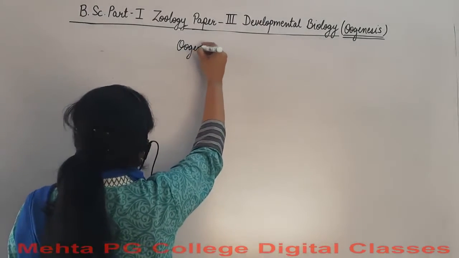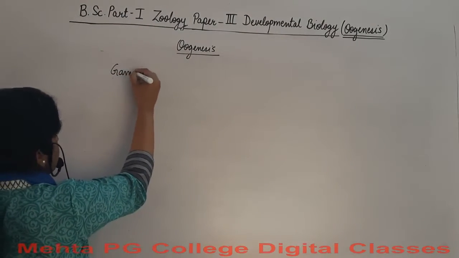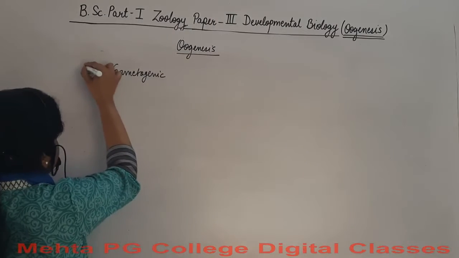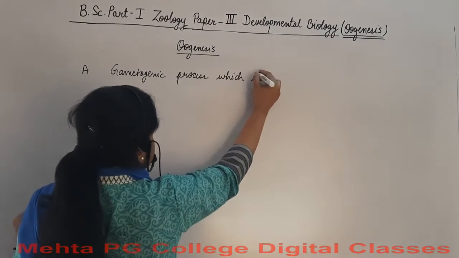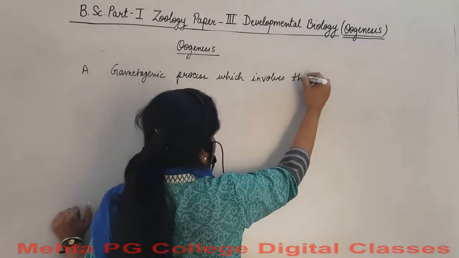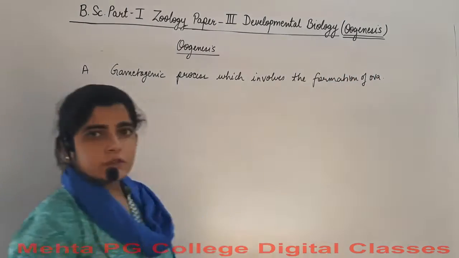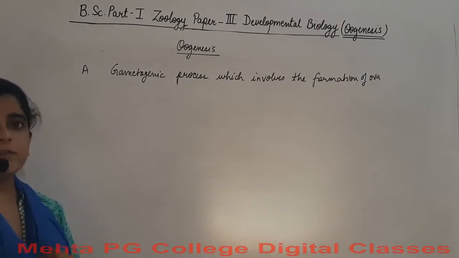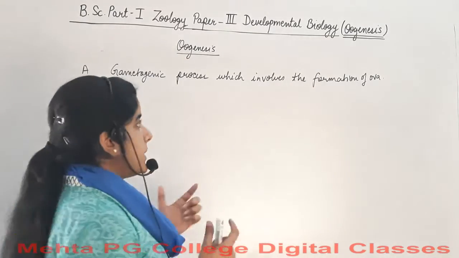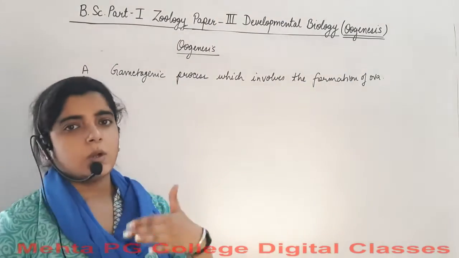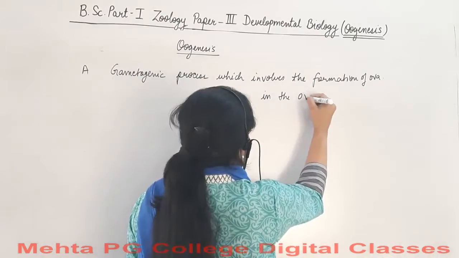So oogenesis means, we can say, a gametogenic process which involves the formation of ova, or the mature ovarian follicle, in the gonad, or we can say formation of ova in the ovary.